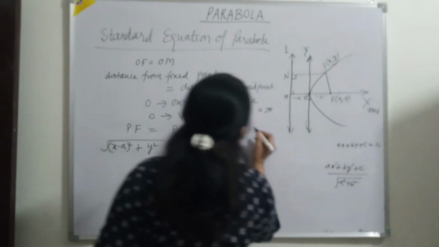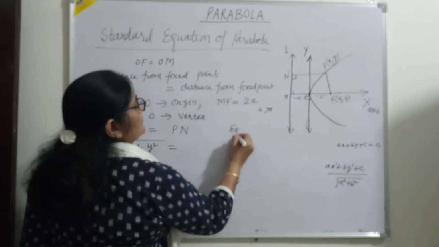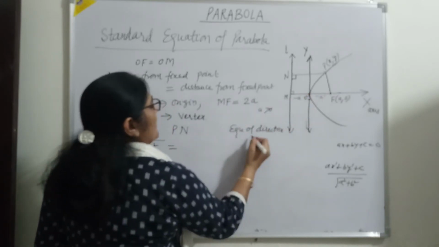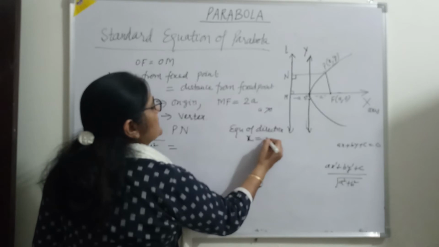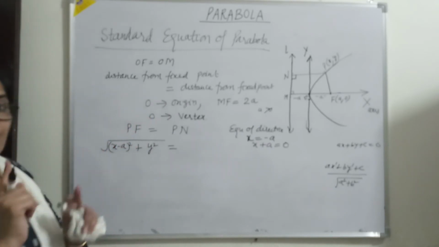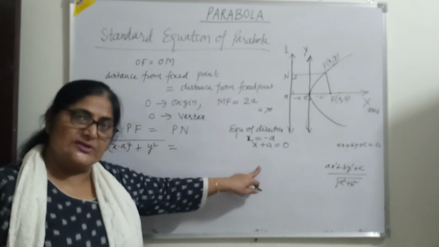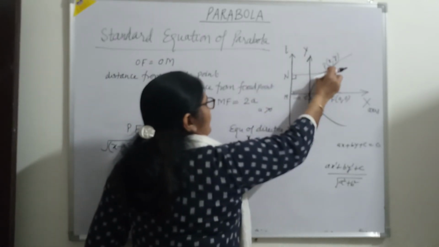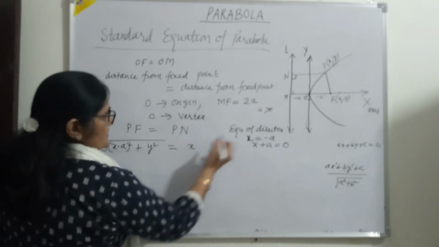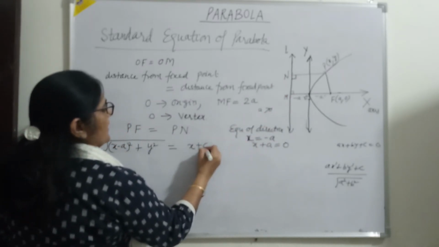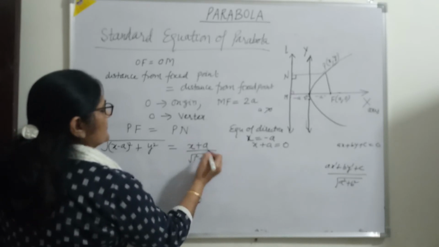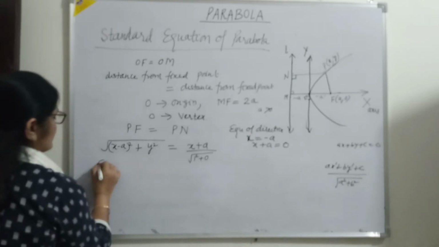So the equation of the directrix is x equals minus a, or x plus a equals 0. We have to find the distance from (x, y) to this line. So the distance is (x plus a) upon the root of 1 squared plus 0, or 1 squared. That means, now squaring both sides.